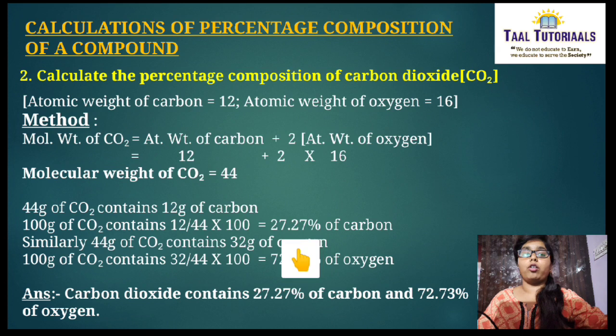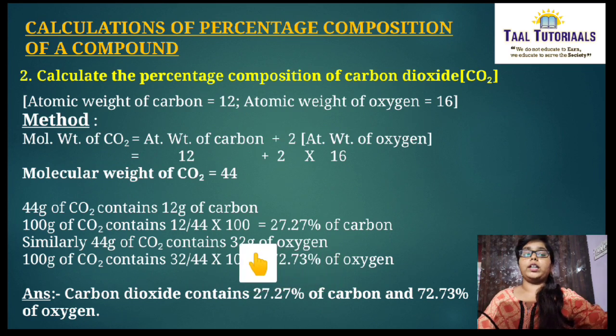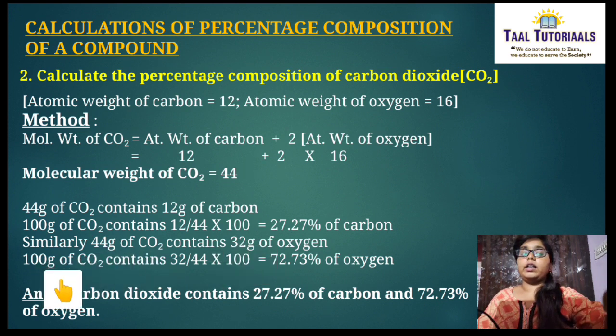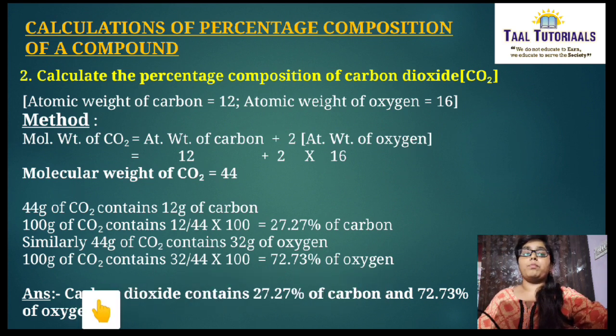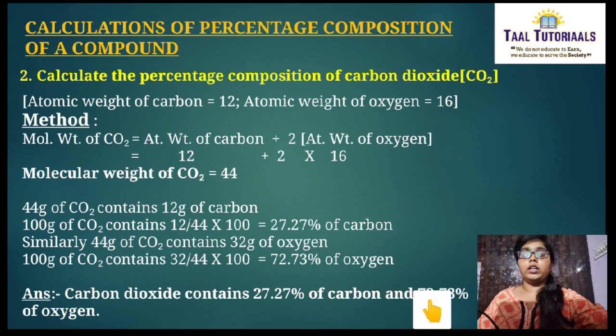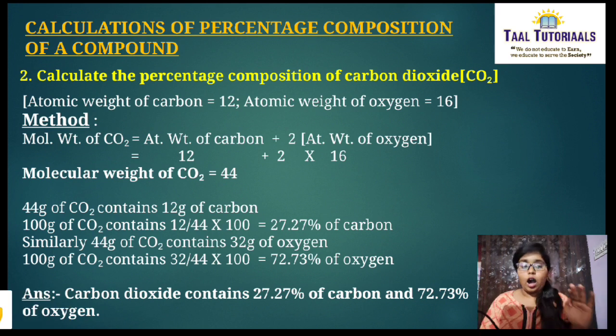Same thing you do for oxygen. 44 gram of carbon dioxide contains 32 gram of oxygen. Why? Because here it is O2, so you multiply 16 into 2. For 100 gram, you multiply 32 divided by 44, the molecular weight, with 100, and you get the percentage. So the compound carbon dioxide contains 27.27% of carbon and 72.73% of oxygen.